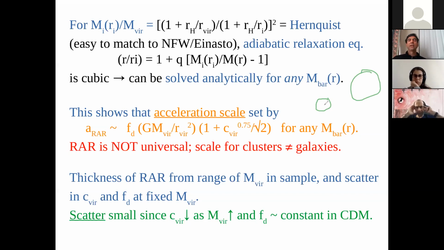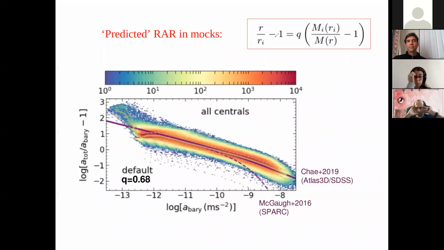The external field effect modifies this shape. It matters at small accelerations, so it's over here, and it makes a small difference. Of course, in our mocks, whatever is there is there. So there's no extra thing to account for because it's lambda CDM.